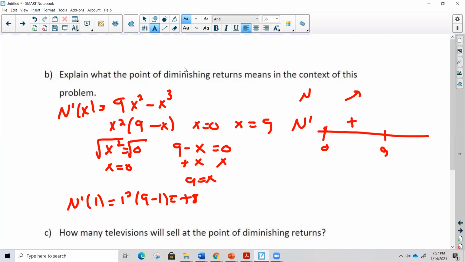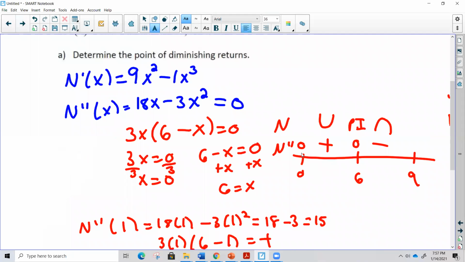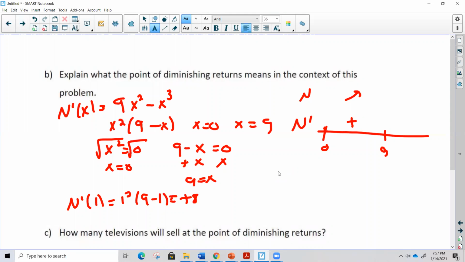So when it says explain what the point of diminishing return means in the context, what we're going to say is that we found that n double prime is positive. So my function is concave up on 0 to 6 and concave down from 6 to 9.